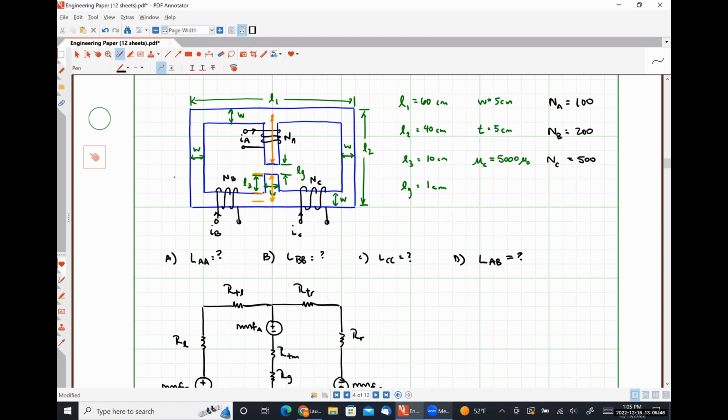So we have this dimension here, that is L3, and then we have this other dimension here, that is half a width. When we add those together, we get L3 plus half a width as the flux path through this section right here.